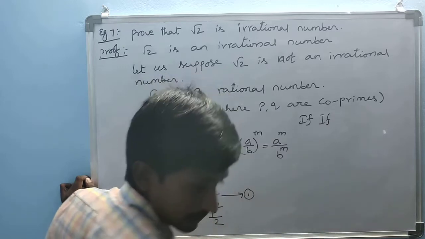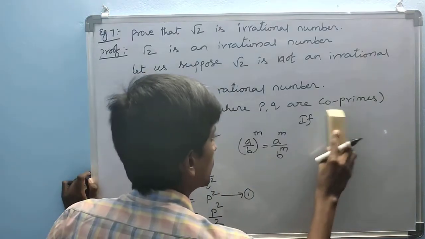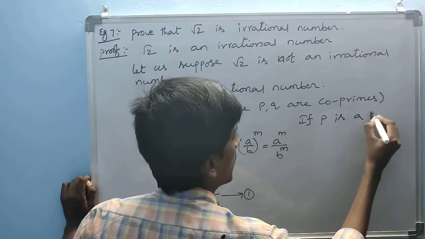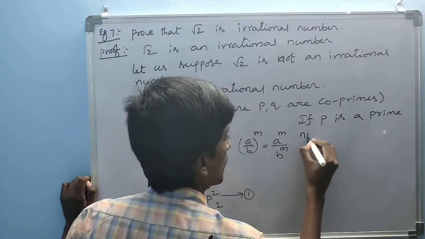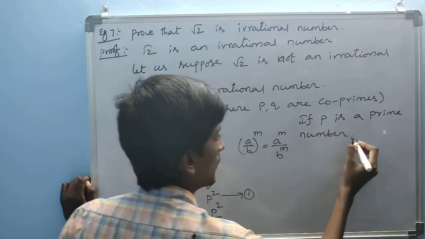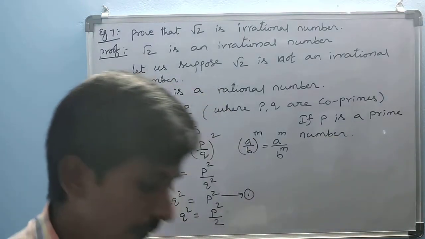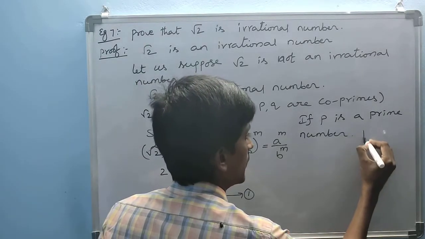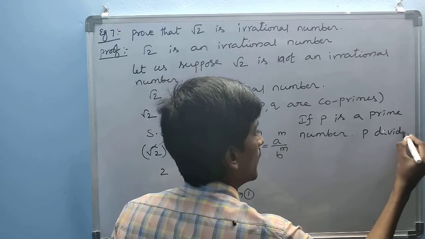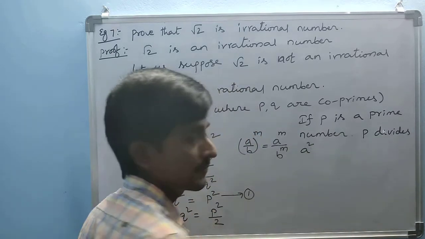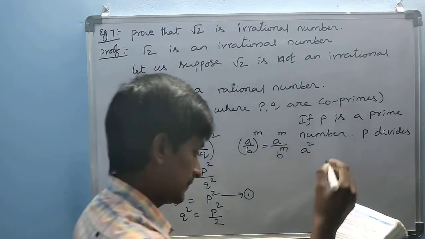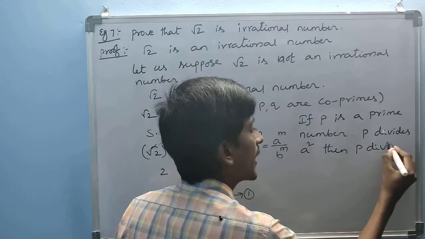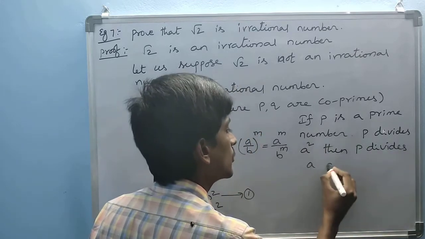If p is a prime number, and p divides a square, then p divides a also.